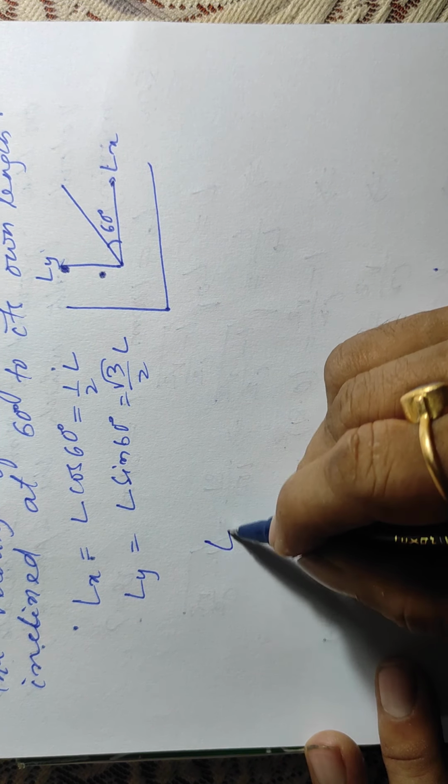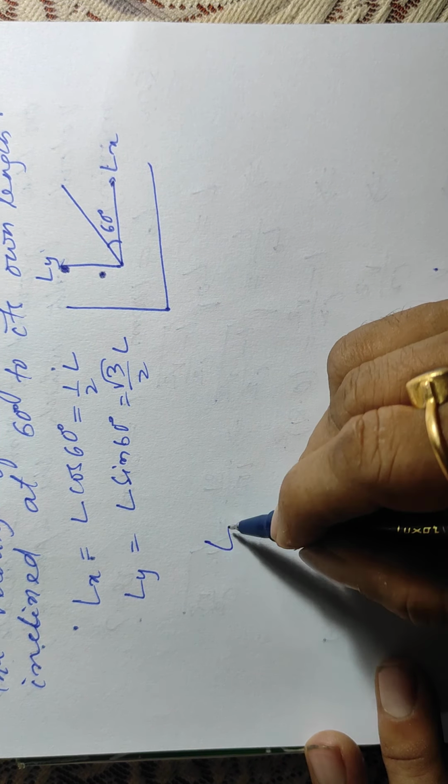Clear? So see here, this is Ly, this is also Ly, and this is Lx. So L is equal to square root of Lx square plus Ly square. So you want to find out Ly and Lx. Clear? Here Ly dash is equal to Ly, but Lx dash is equal to Lx into square root of 1 minus v square by c square.